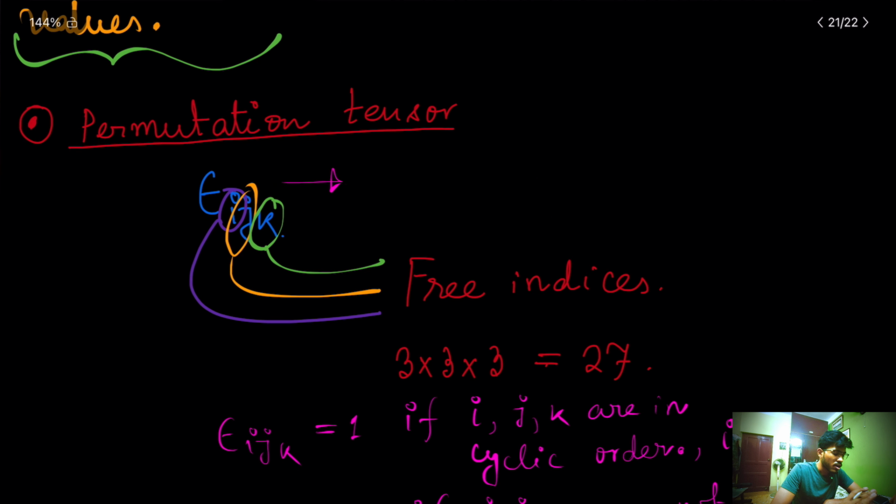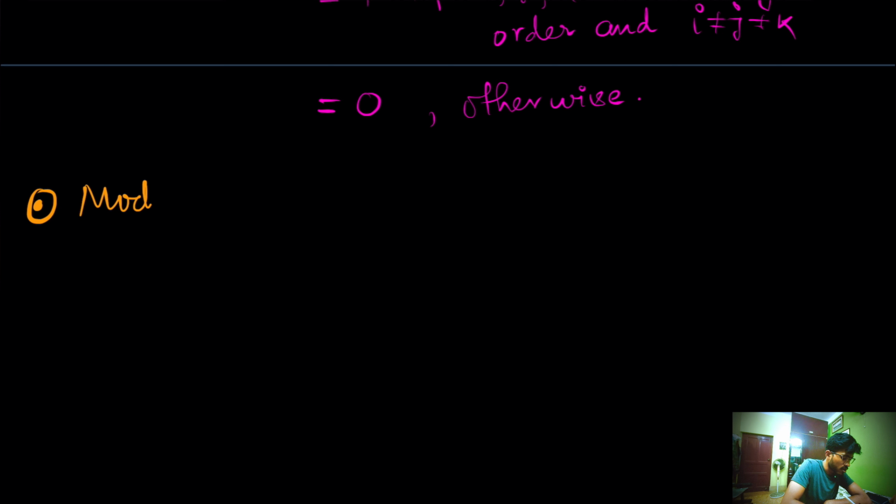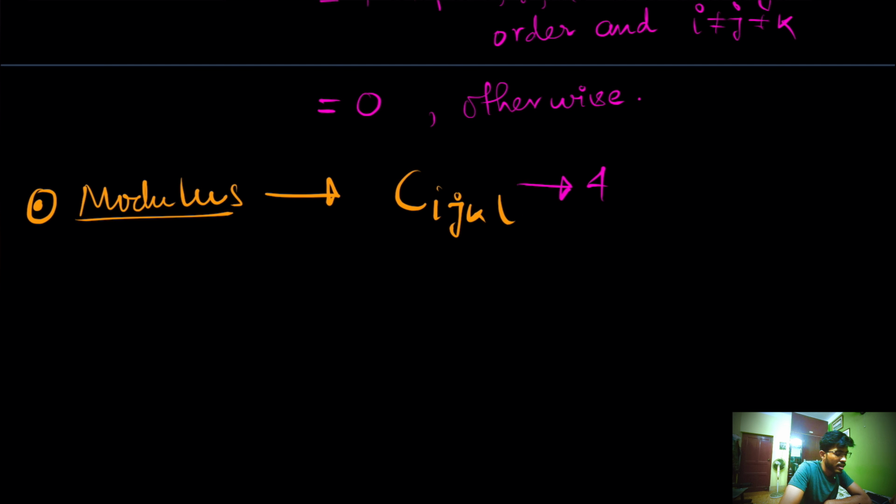But now the main crux of the matter is that it is having 3 free indices. Likewise, if I talk about something called modulus, that is denoted by C. Now C ijkl is having 4 free indices, so how many components can it have separately?